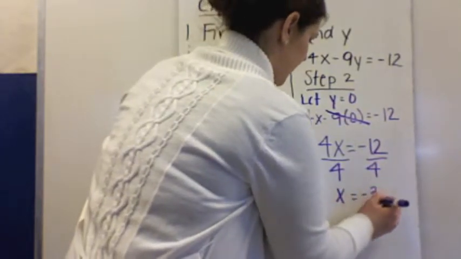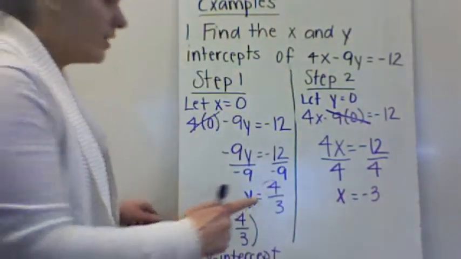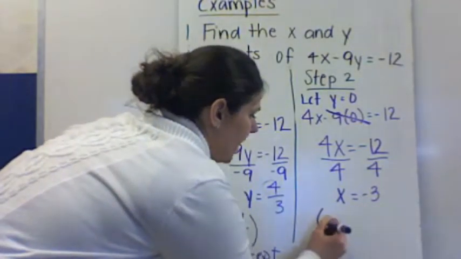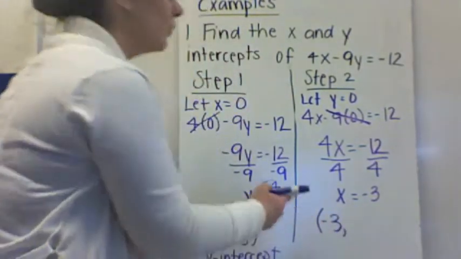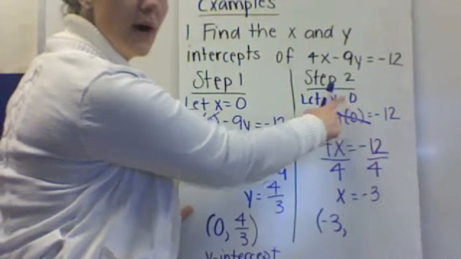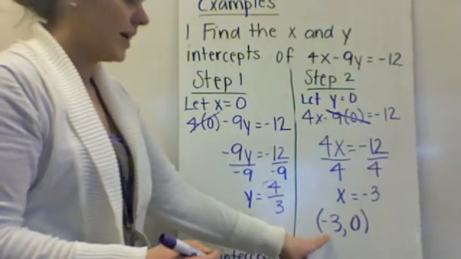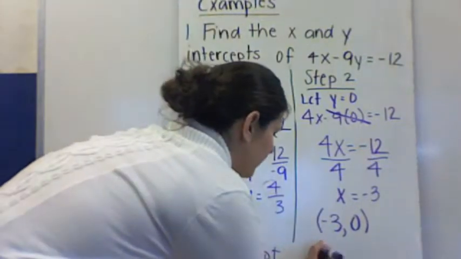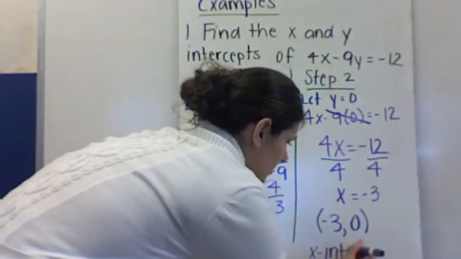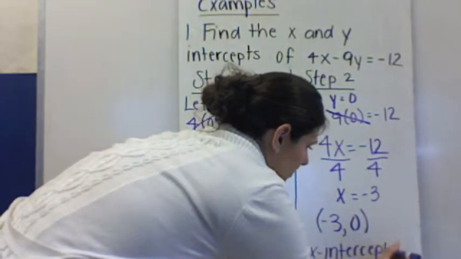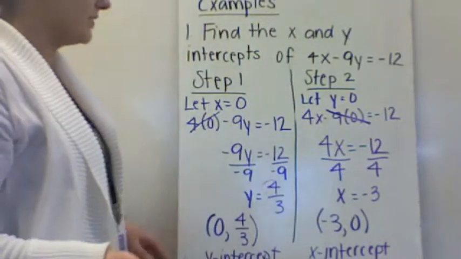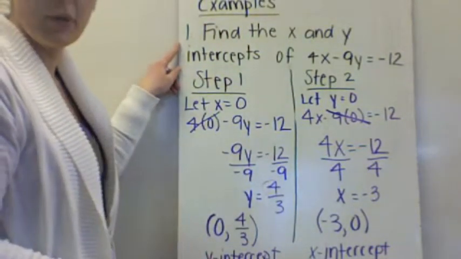X equals -3. So now we have our ordered pair. Since we solved for x, that's our first number. We got that when we made y 0. So (-3, 0) is our ordered pair. Since we have our x number, this is our x-intercept.